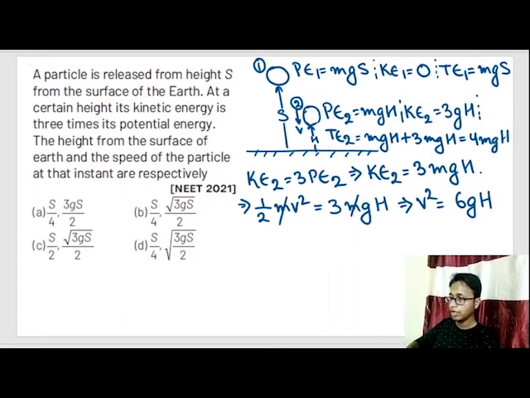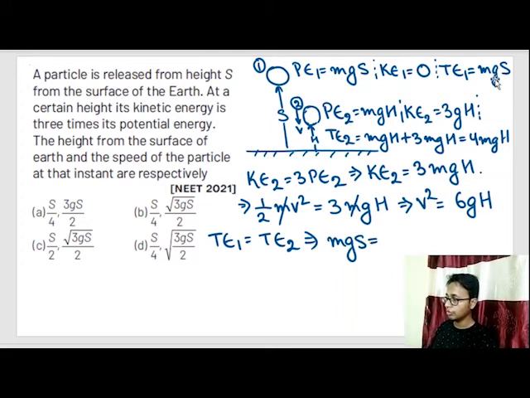Now by conservation of energy we know that total energy, that is potential energy plus kinetic energy, at point 1 is equal to total energy at point 2. Total energy at point 1 is mgs, and total energy at point 2 is 4 mgh.